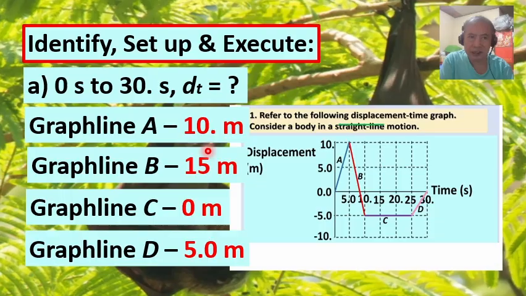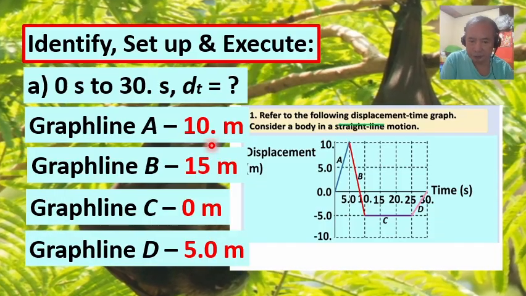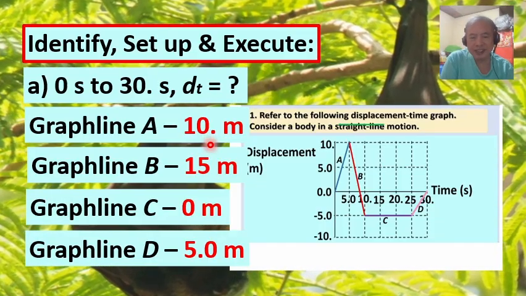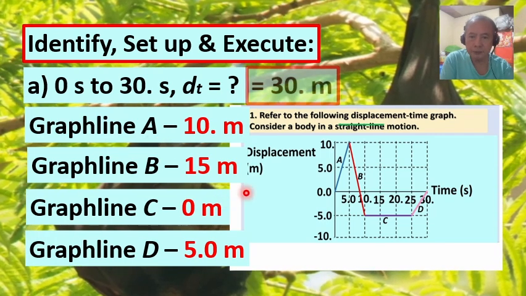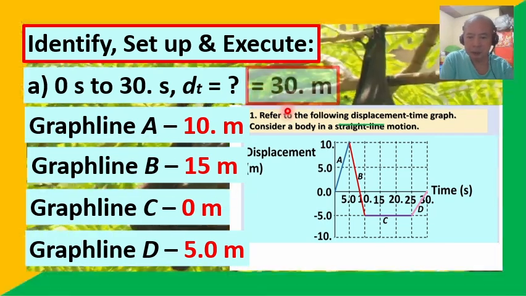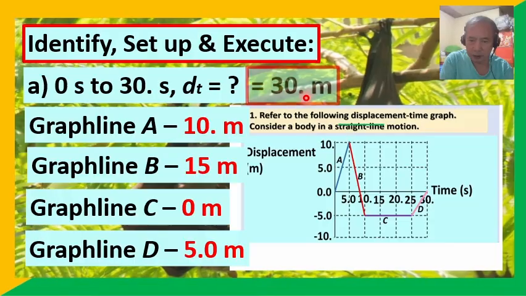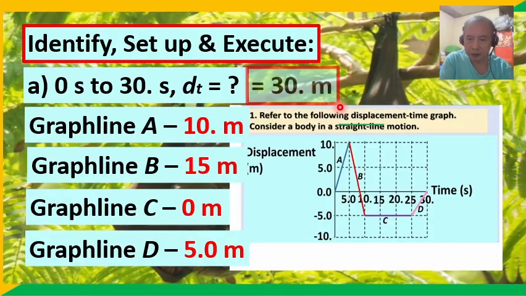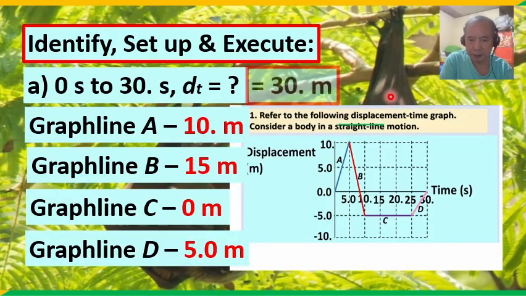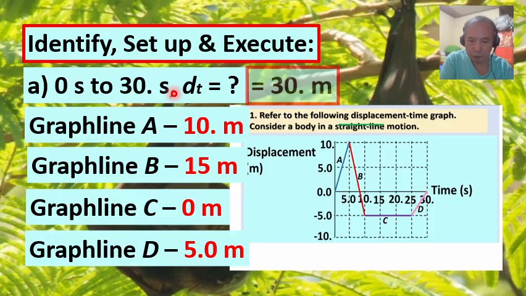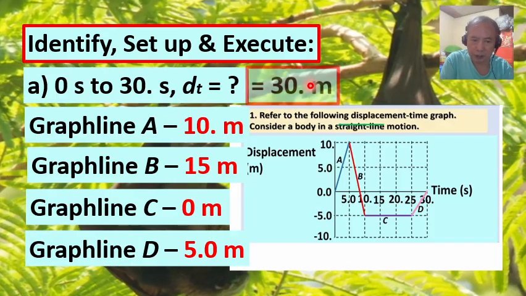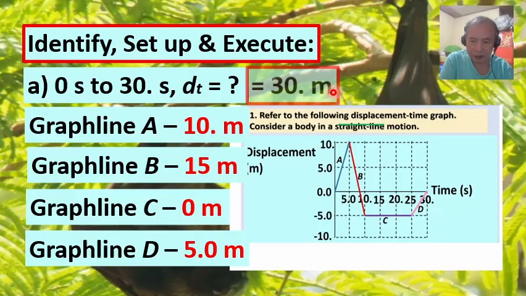So adding the distances represented by each graph line, we have a total of 30 meters, which represents the total distance traveled by the body from start to finish, or from 0 second to 30 seconds.